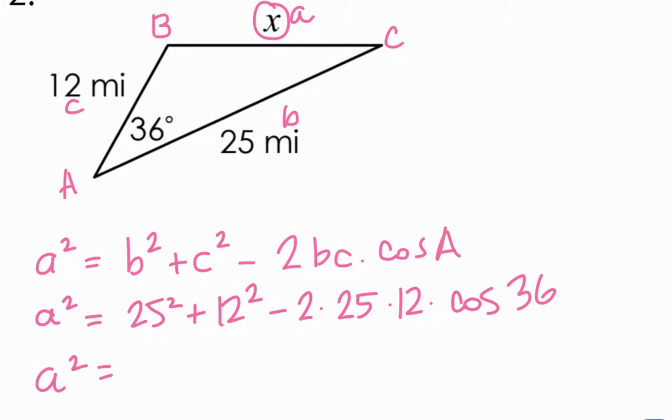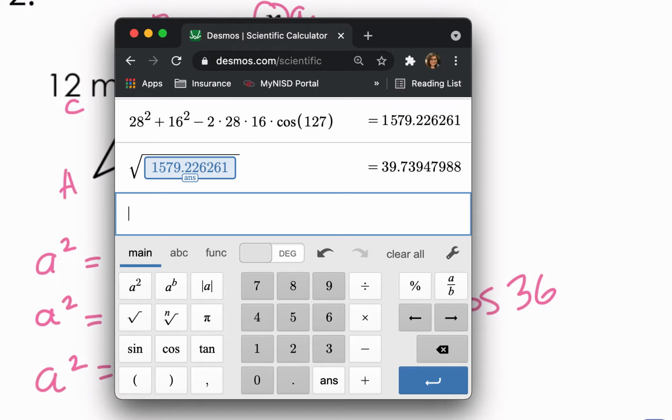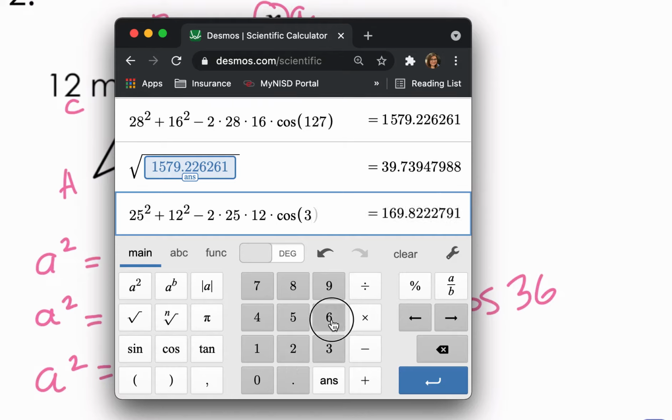Let's type in that long expression into the calculator. 25 squared plus 12 squared minus 2 times 25 times 12 times the cosine of 36 degrees.